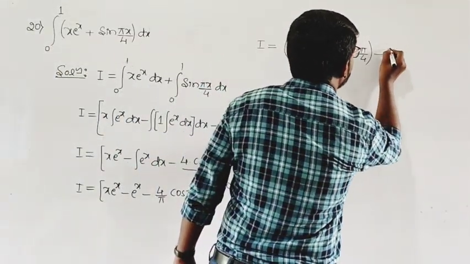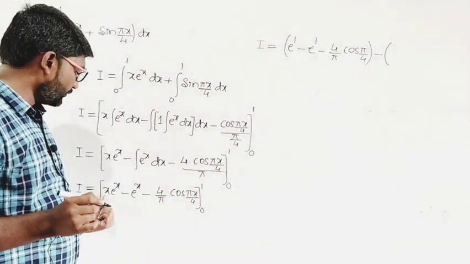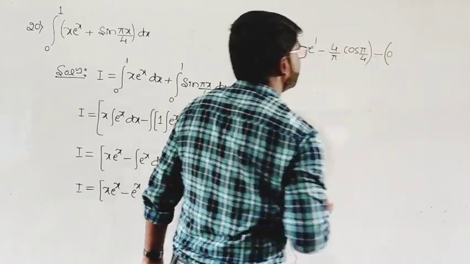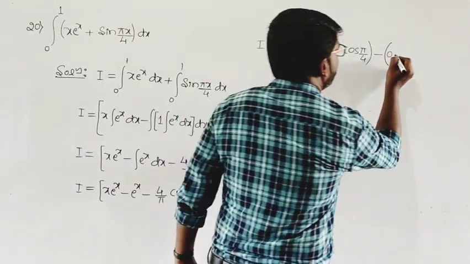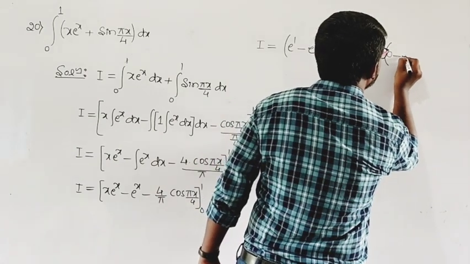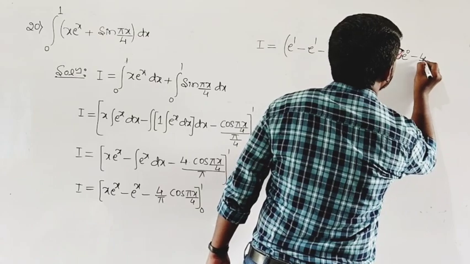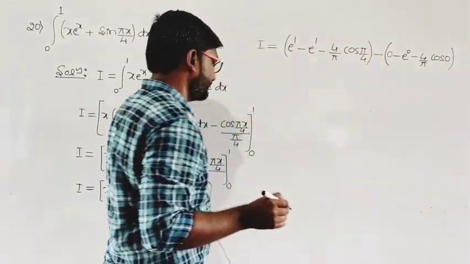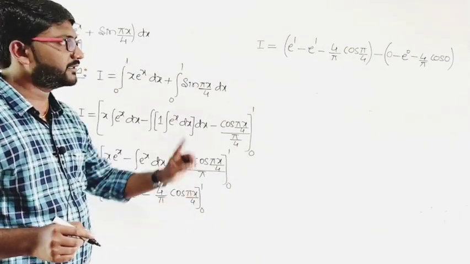So here, in place of x I have to write 0, 0 into this term will be 0, then minus e power 0, then minus 4 by pi, then we get cos 0. So here if we write 0, pi into 0 is 0, 0 by anything is always 0.